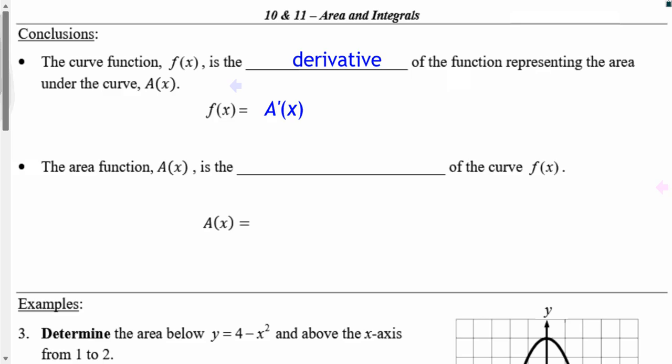If the function is the derivative of the area underneath it, then we could say the area is not the derivative. How do we undo derivatives? The antiderivative, or indefinite integral, of the area underneath. So today, we're going to use the antiderivative to find areas under curves.